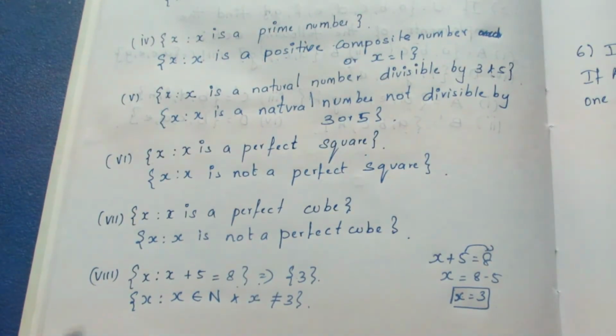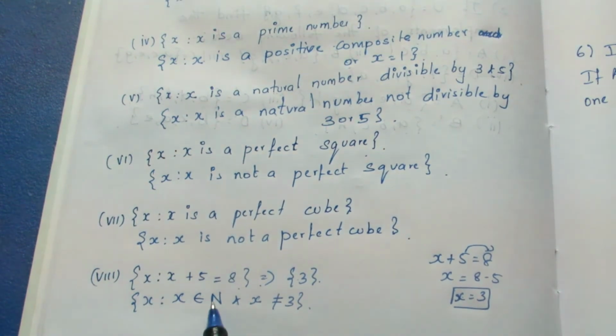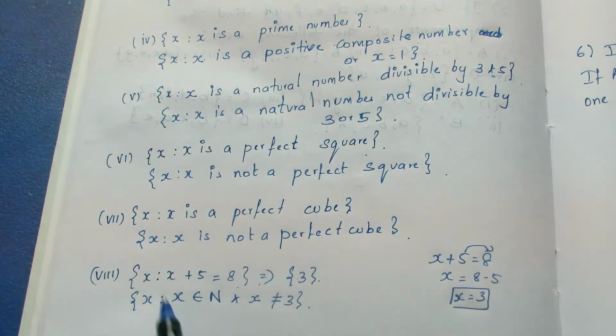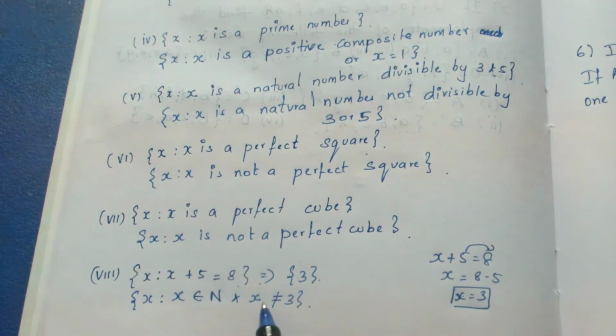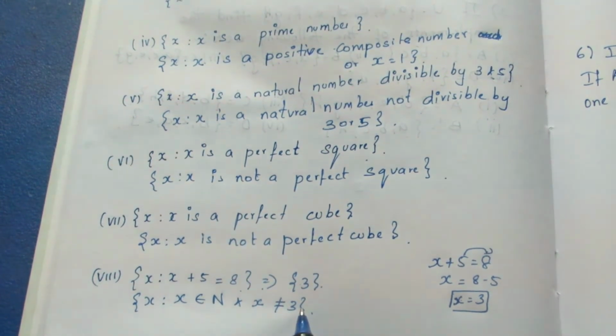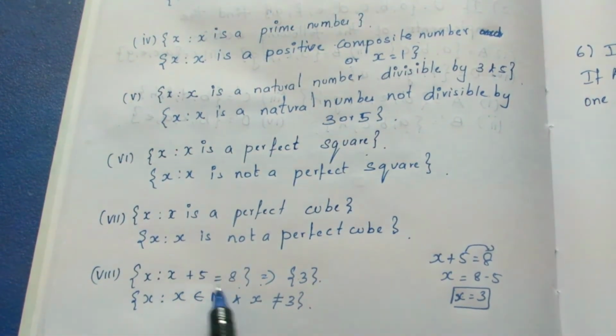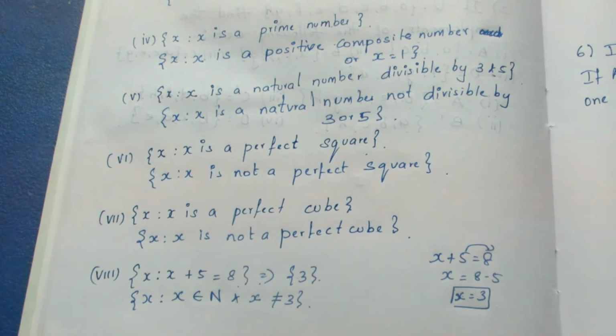It includes all the natural numbers, but x is not equal to 3. So leaving 3, the rest of the natural numbers will be your x. This is the complement of this set.